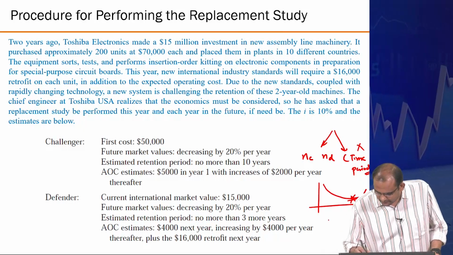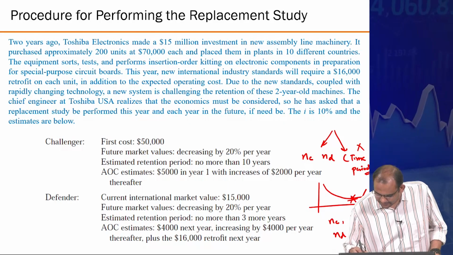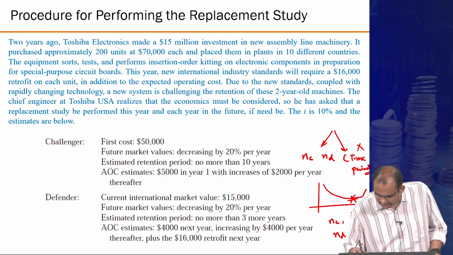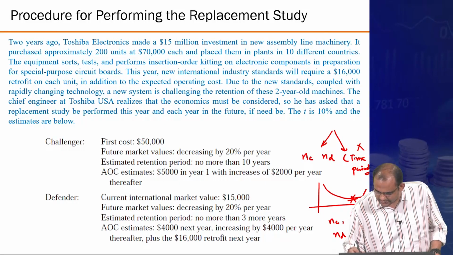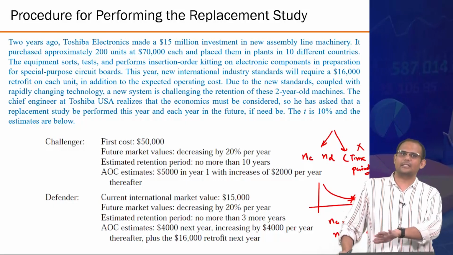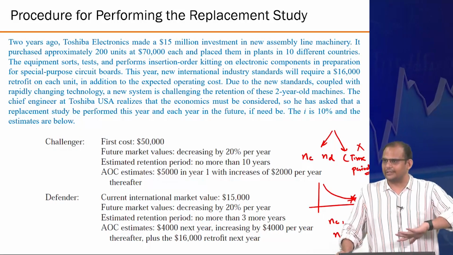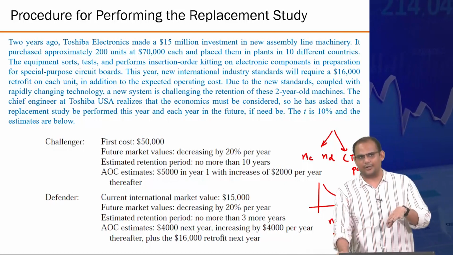Now, once you have calculated NC and ND, correspondingly, you can also calculate the total annual cost of each of the challenger and the defender. This information is sufficient for you to make a judgment whether this year you will need to replace it or not, right?